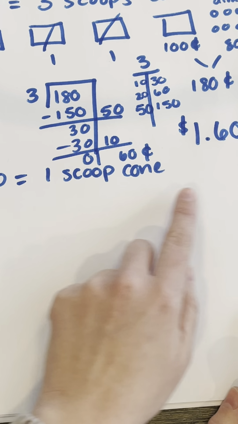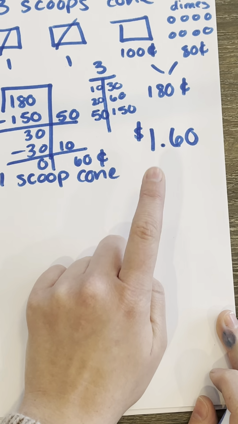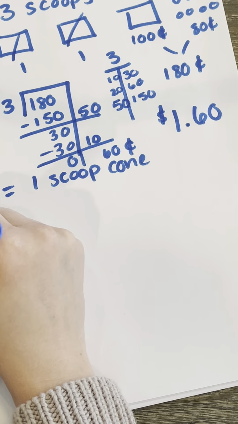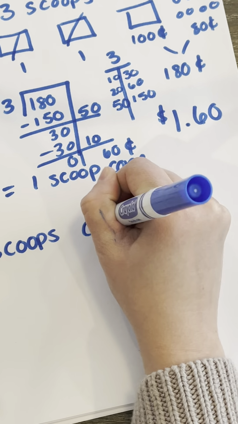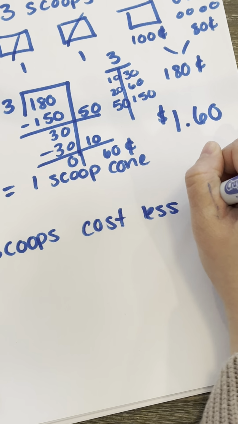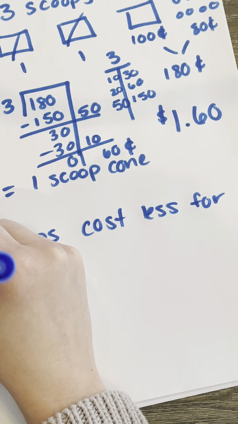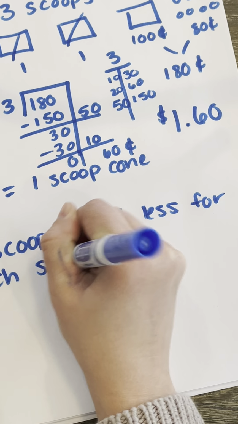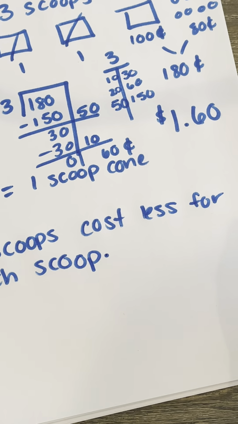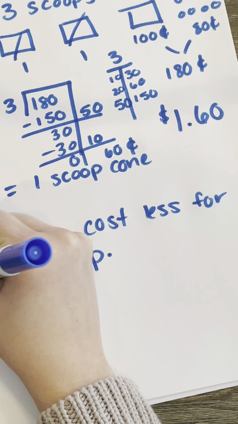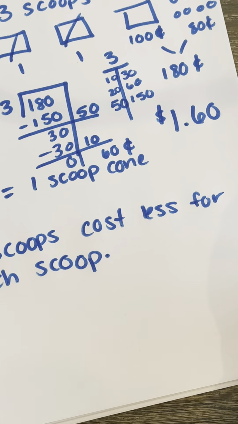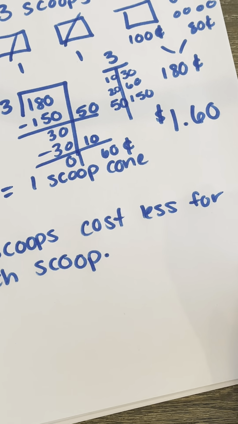So which one is cheaper per 1 scoop? Oh, that was 3. So 3 scoops cost less for each scoop.